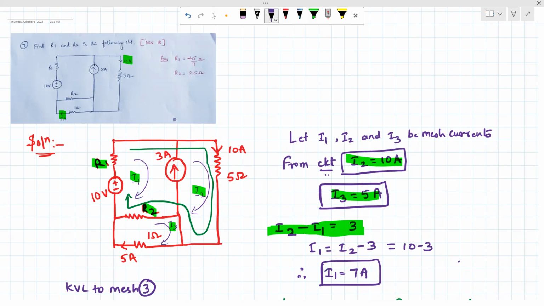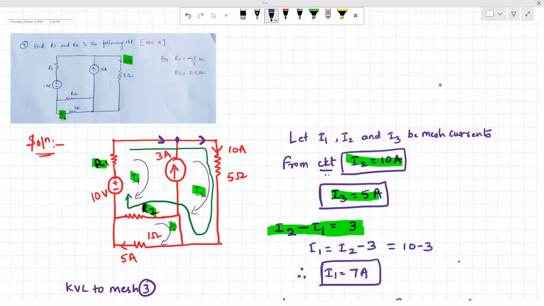How do you get this? You get this by applying KCL at this node. At this node there is an incoming current I1, at this node there is an outgoing current I2, and there is an incoming current of 3 amps.